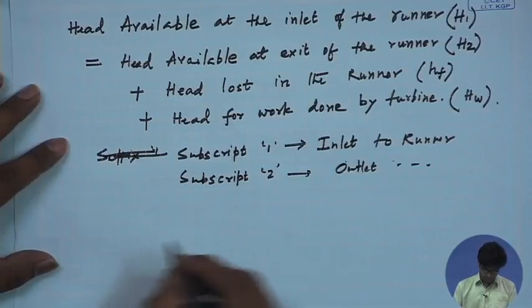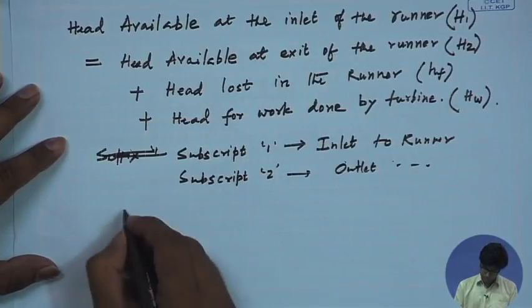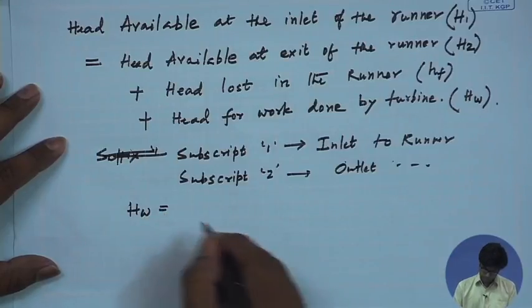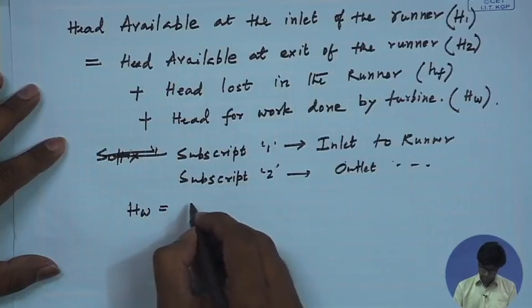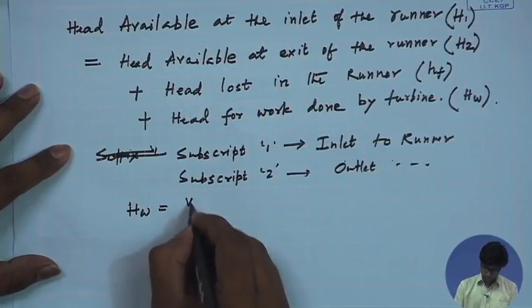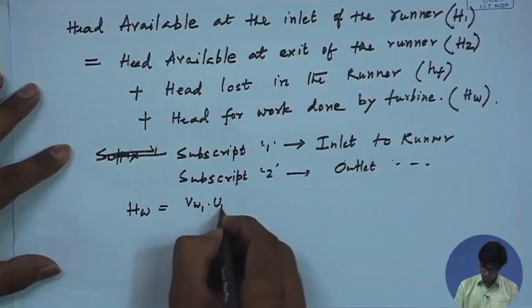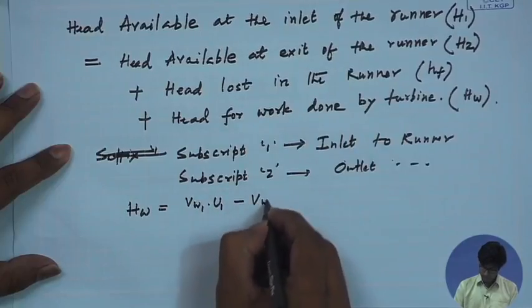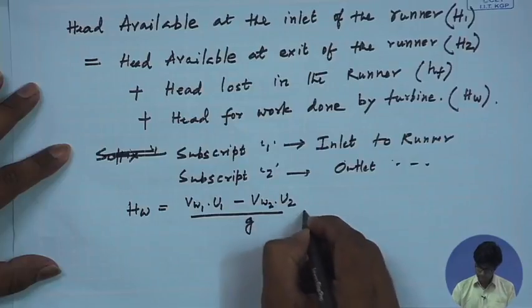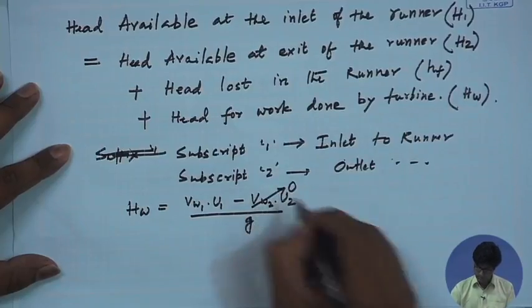So, the head that is used up for the work done by the runner is actually the work done per unit weight of the fluid, which is given by VW1 into U1 minus VW2 U2 by g. Again, this is 0 as VW2 is 0.